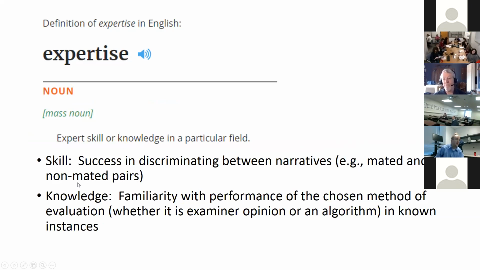And the knowledge corresponds to a familiarity with the performance of the chosen method of evaluation in known instances. And this applies whether it's an examiner opinion, which could be informed through things like the black box study or blind testing, blind proficiency examinations of the community, or a computer algorithm.